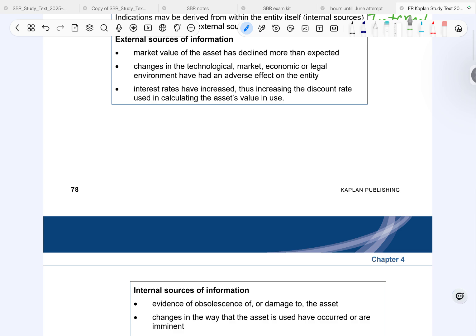That's because people will choose a newer model, right? Who will choose the older model? That's why the market value of the asset also declines. So that is an indicator of impairment.